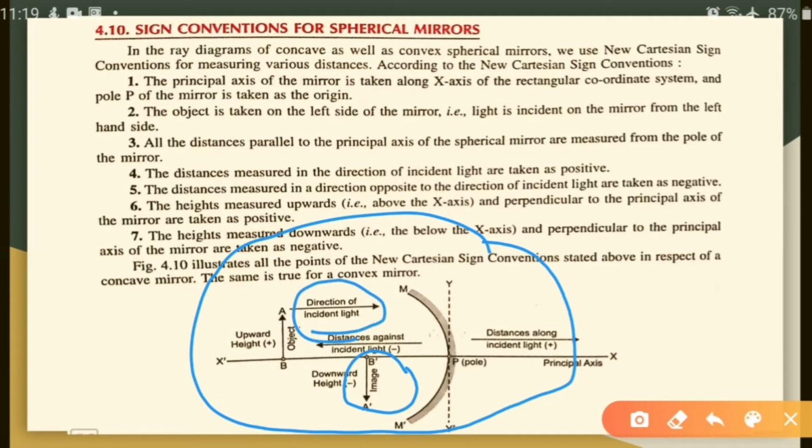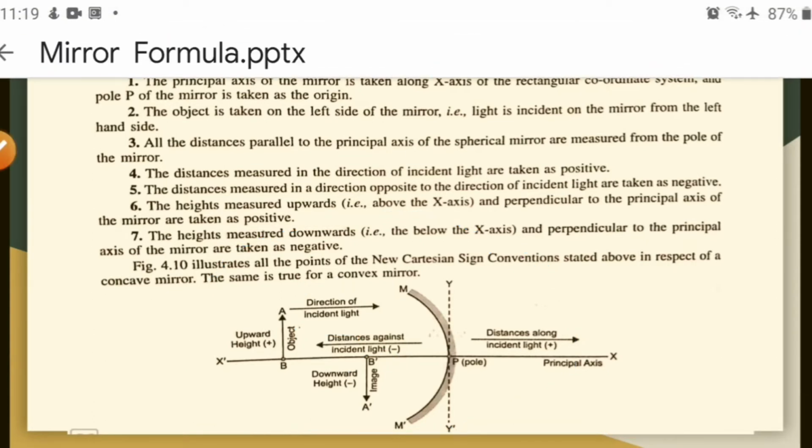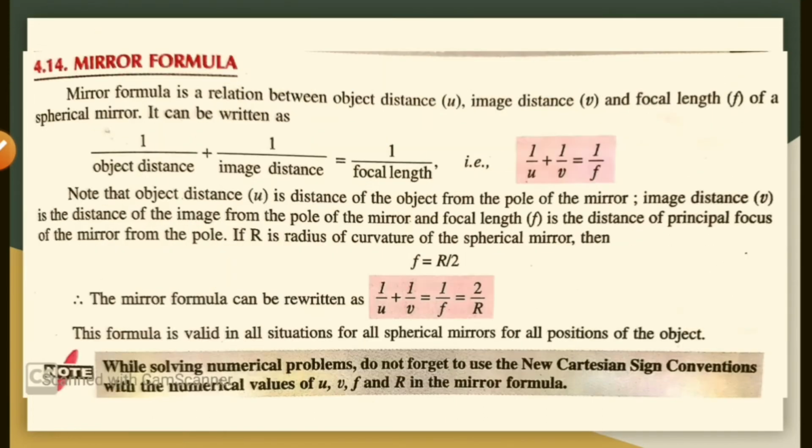That is why small v will be negative. Why? Because the distance is measured opposite to the direction of the incident ray. In this way you will apply the mirror formula.